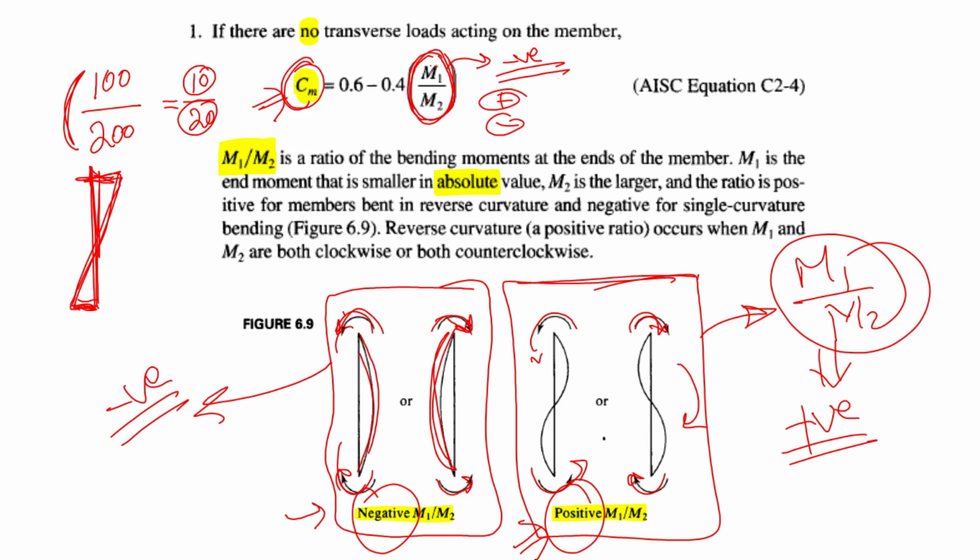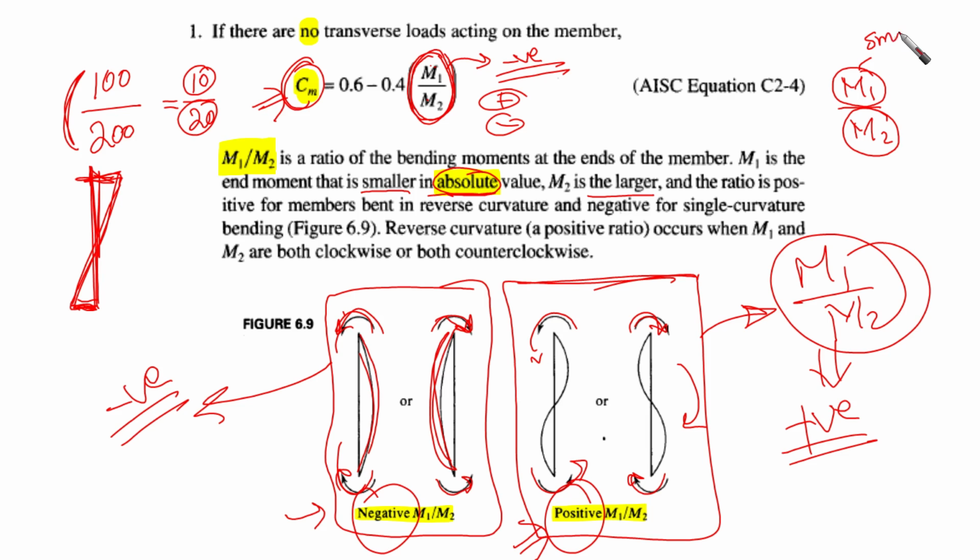So M1 over M2 is the ratio of the bending moments at the ends of the member. M1 is the end moment that is smaller in absolute value, and that's important, and M2 is the larger. So we're talking about absolute value here; it is not related to their sign, but to which one is smaller and which is larger in absolute value.